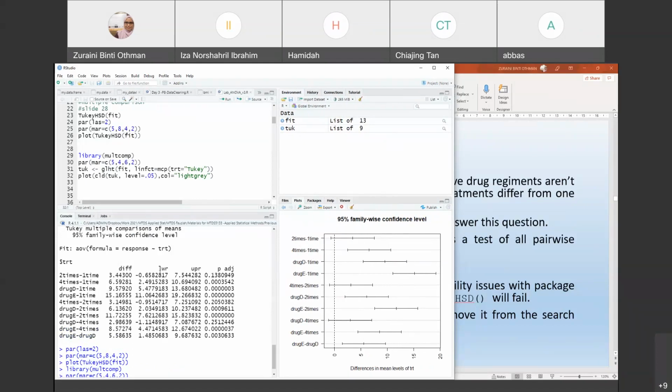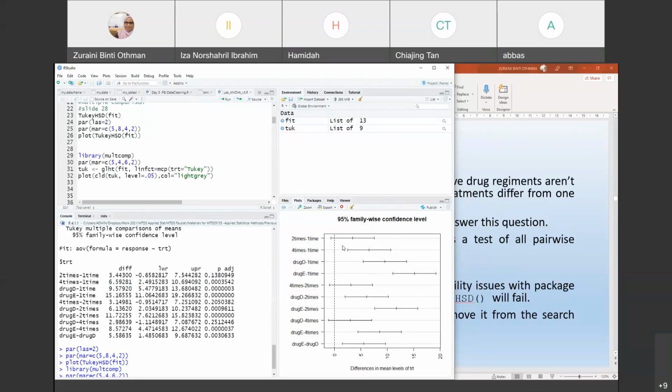This is the lower, which is here. For example, we get this first line. Let's see what this represents. This is the lower bound and this is the upper bound, and the difference here is 3.44. This is the middle one, the difference 3.44. Now it goes to 4 times to 1 time.